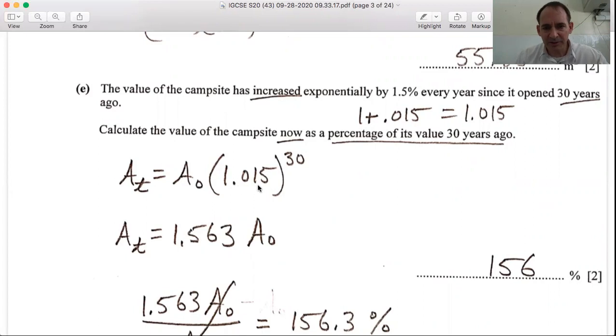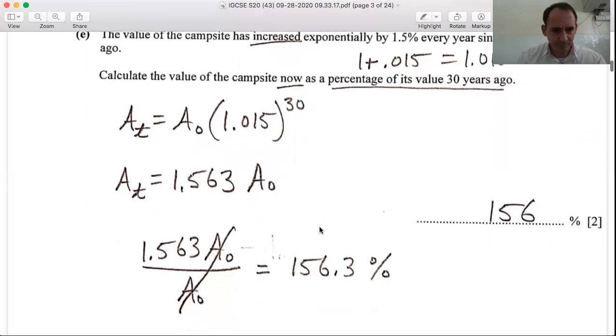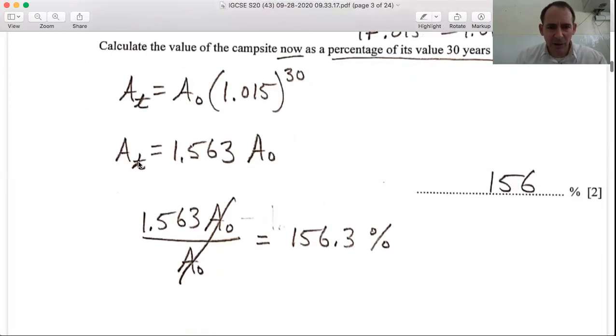So when you take 1.015 raised to the 30, you now have your amount after time is equal to 1.563 times the original amount. Now, the key to this is it's a percentage of the original. So we take our amount now, which is 1.563 times the original amount, and we divide it by the original amount because it's a percentage of the original.